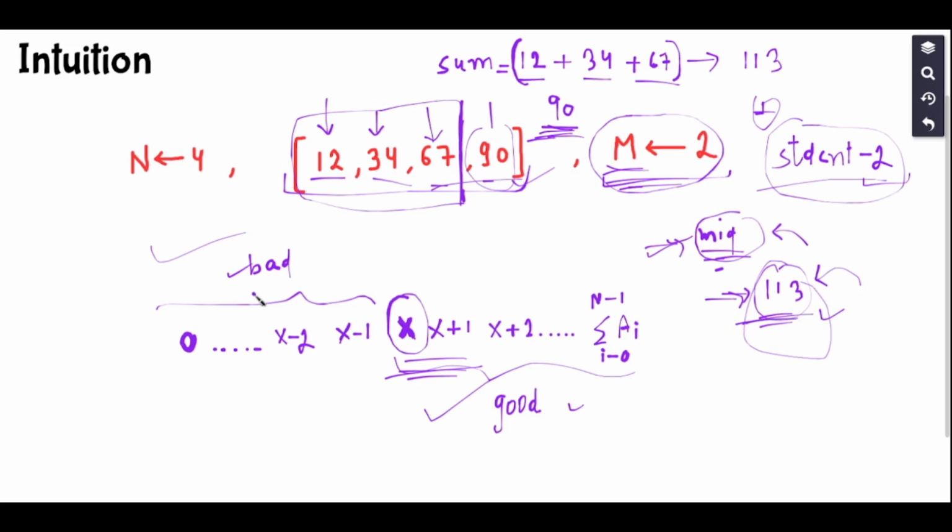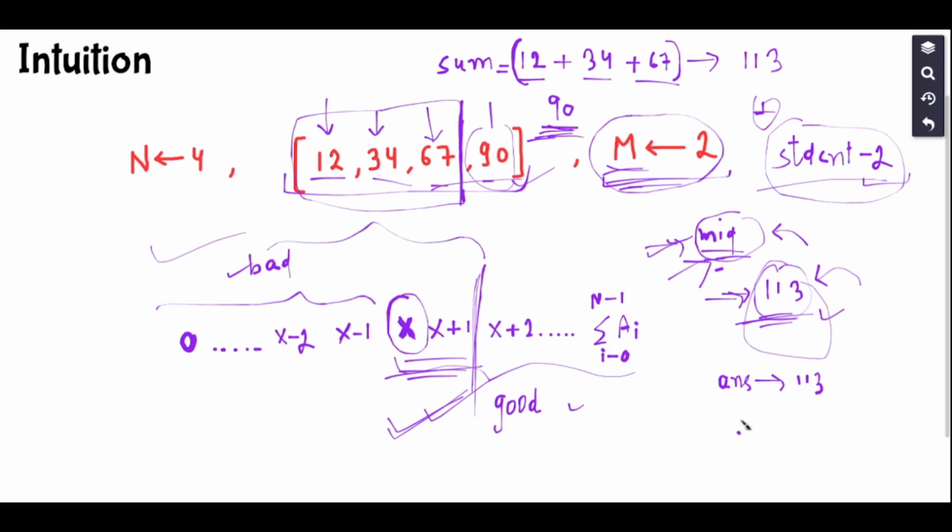113 lies on the good side, so this can be my potential answer. So the answer variable would be initialized to 113 and the search space will be reduced. Since this mid lies on this side, and I want to find the smallest mid for which my conditions are satisfied, that minimum will always lie towards the left.